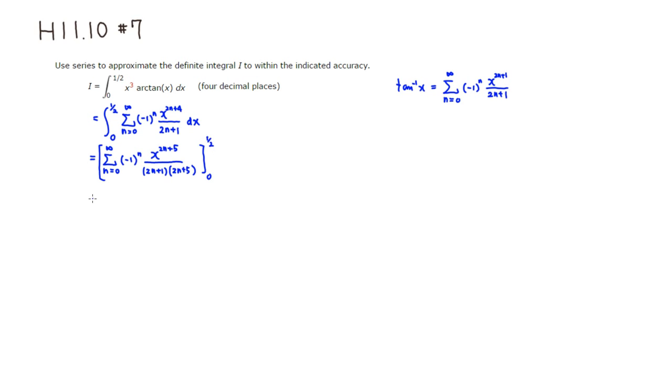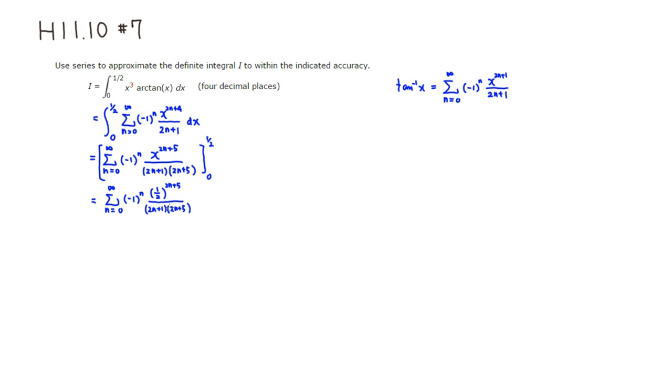So plug in the upper limit: a summation, n goes from 0 to infinity, -1 to the n, then you put 1/2 here and raise it to the 2n plus 5, over 2n plus 1 times 2n plus 5. Then minus, if you plug in 0, it's -0. So we just get that.